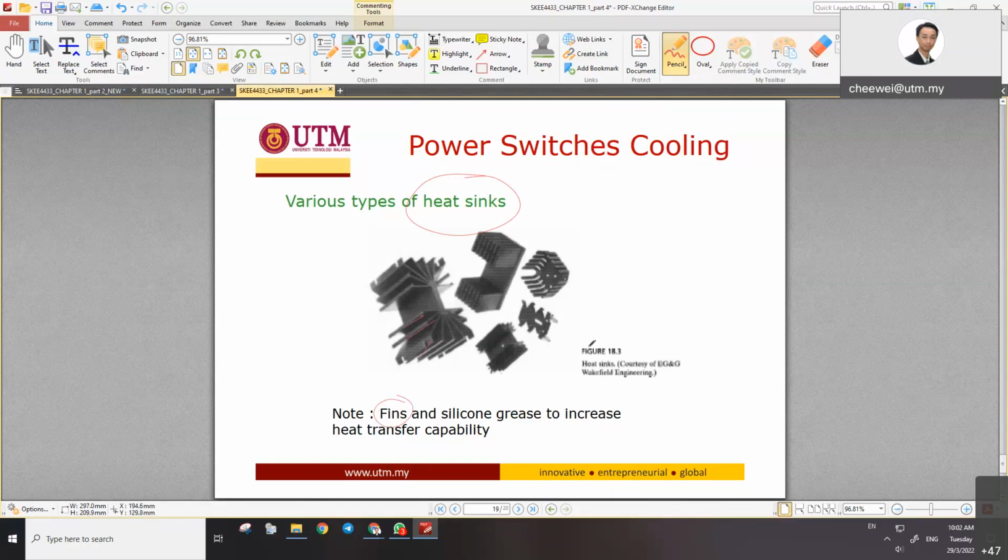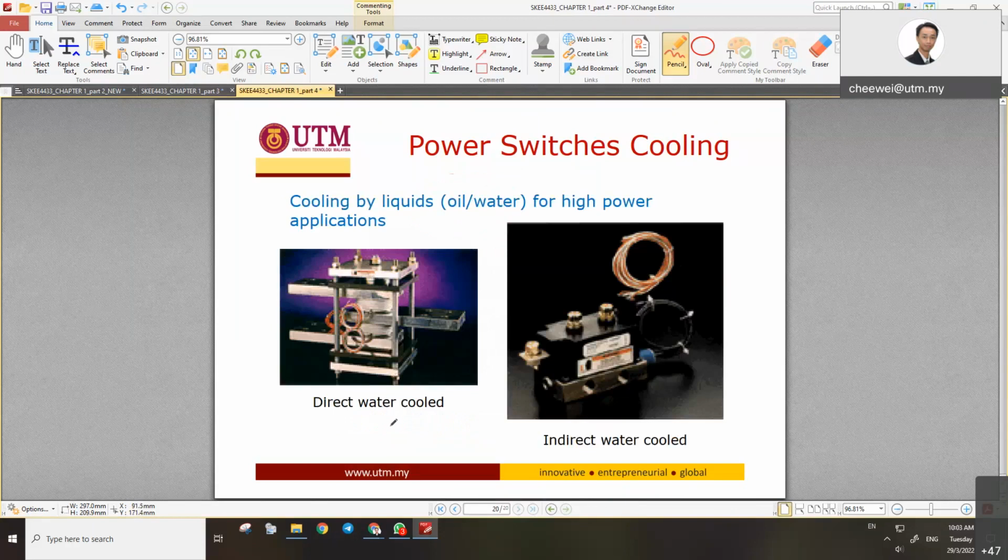If you notice in your house, the refrigerator: inside the refrigerator is cold, but if you go to the back of the refrigerator, is it cold or hot? You can see that there are metal fins, or wires, at the back of your refrigerator. That is actually a heat sink that helps to dissipate the heat quickly to the air. Okay, an example of cooling by liquids.